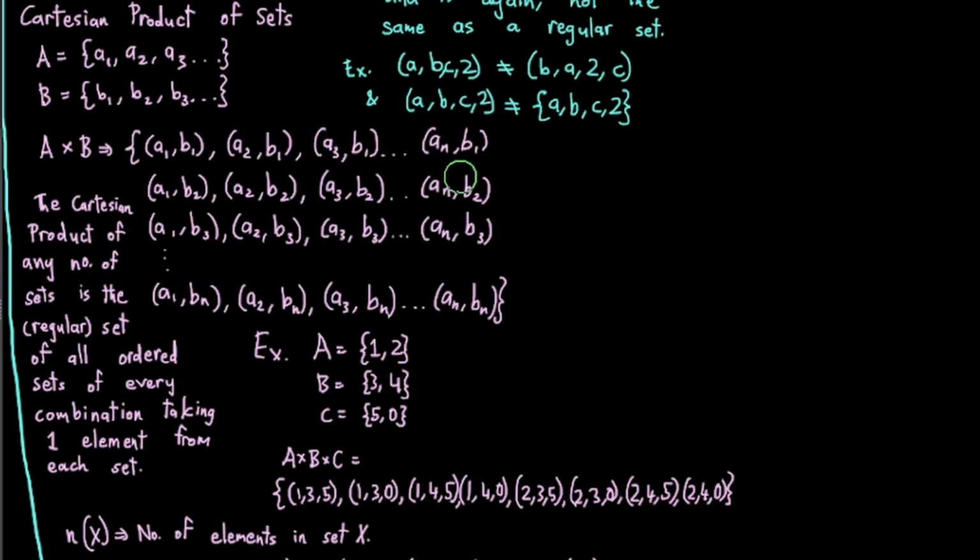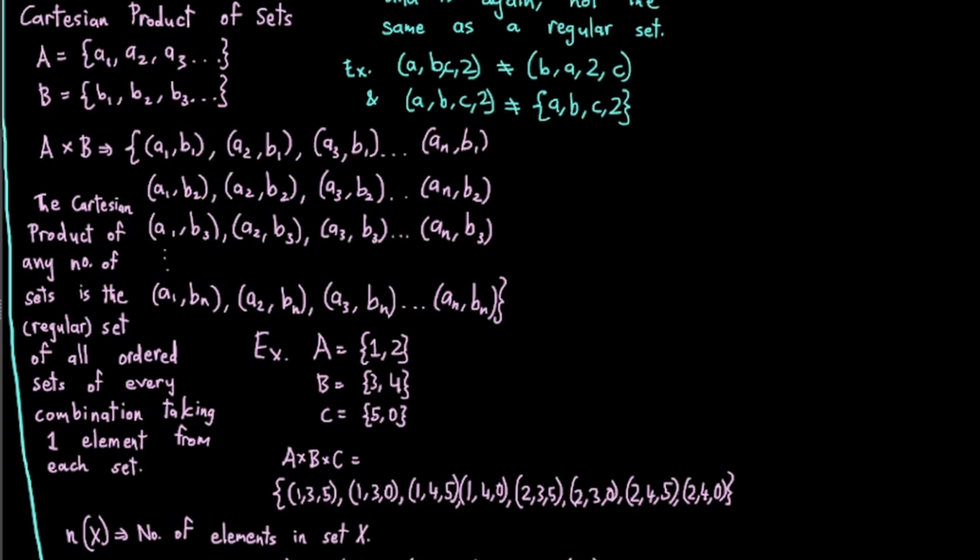A can have a different number of elements and B can have a different number of elements. So this entire grid is every combination you can get from combining one element from the set A and one element from the set B in an ordered pair. If it was B into A, it would be the other way around: b1 a1, b2 a1, and so on.